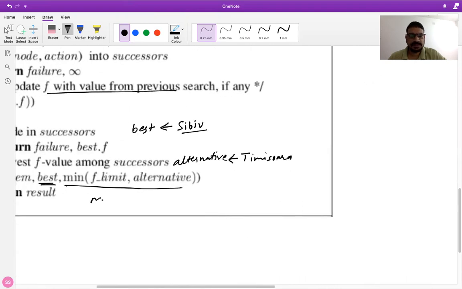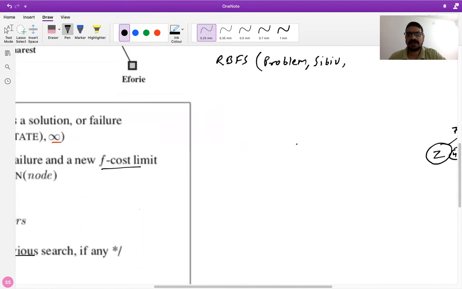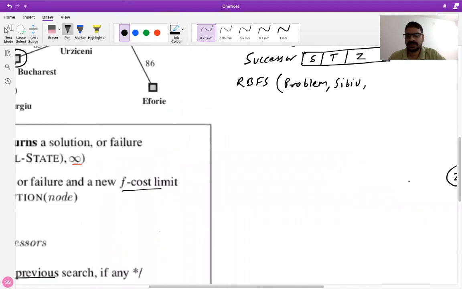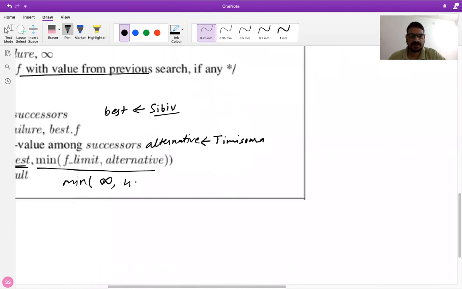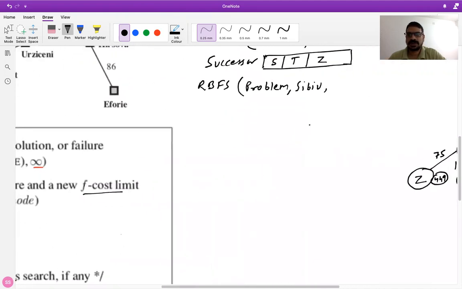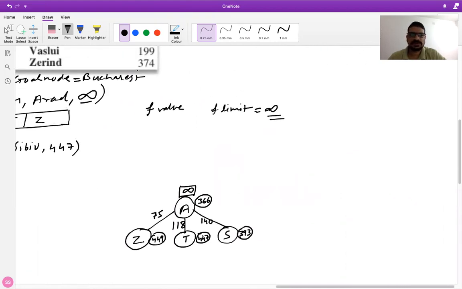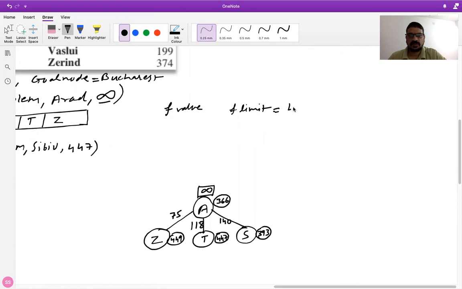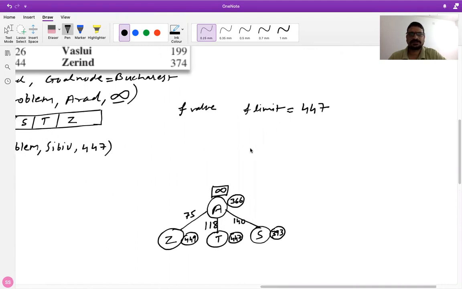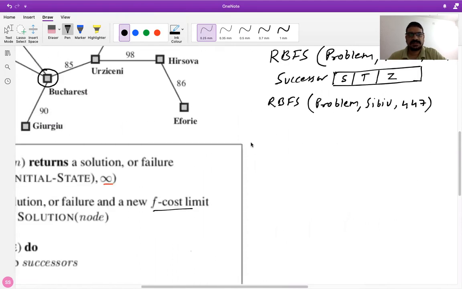So minimum of infinite, alternative. The alternative is Timisoara's F value, which is 447. Whichever is minimum, infinite or 447, definitely 447 is minimum. So we'll pass 447 as the F limit. So right now my F limit is 447. Got it?